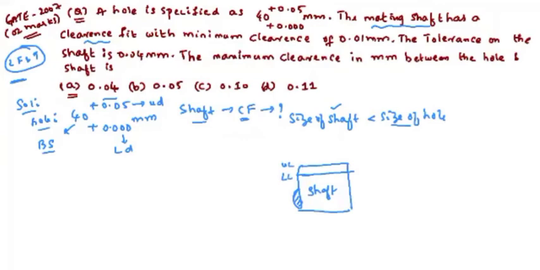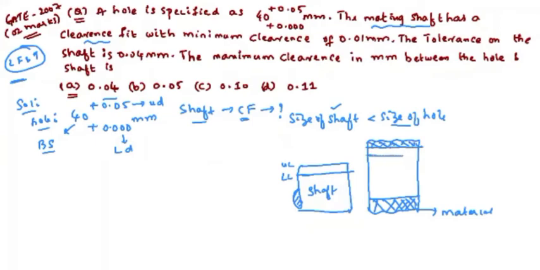To have a clearance fit, we need to have a hole of bigger size than the shaft. Let us indicate the hole like this. This hatched portion indicates the solid material present around the hole. Now I'm drawing the hole.